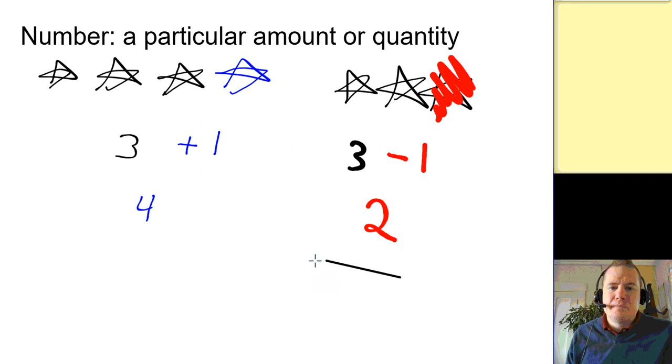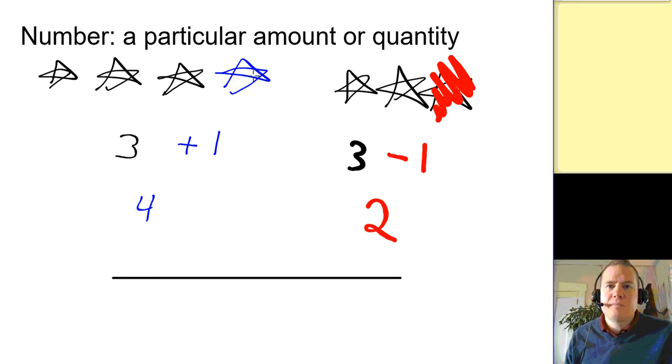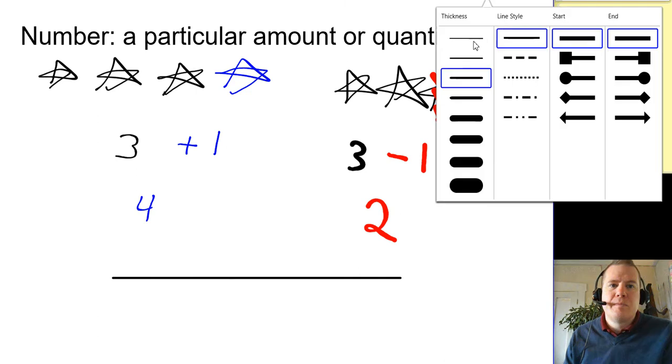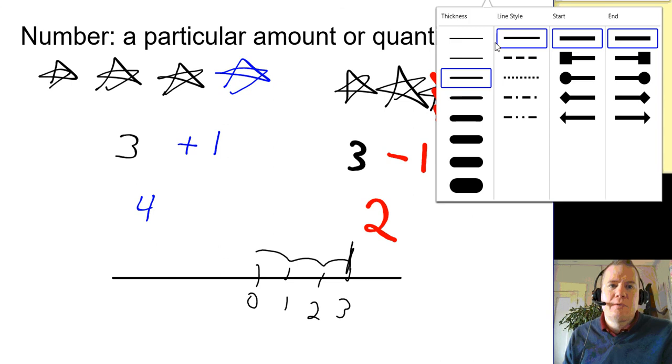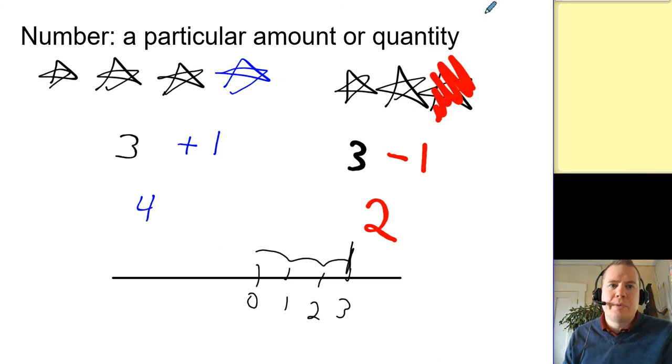Let's think about lines on the number line. One, 2, 3. So I've got 3 stars. And if I add 1, that's moving me 1 place further to the right to 4.